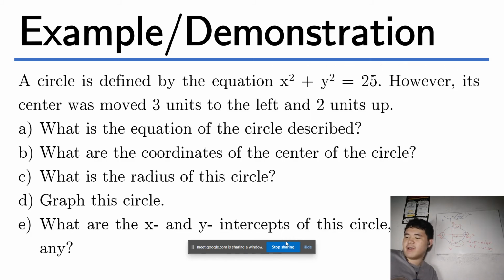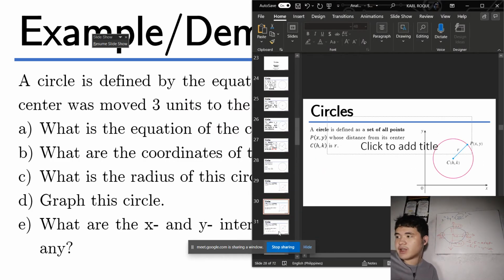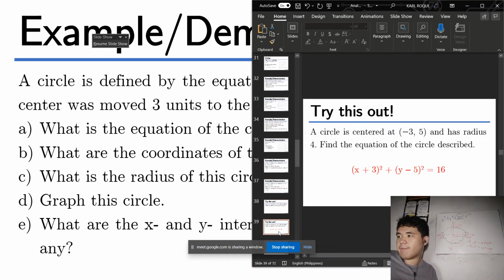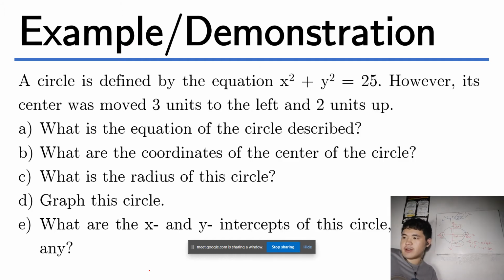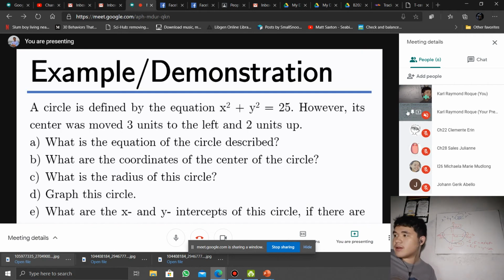A better version. Okay, sige. This one naman. Wait a while, I'll just check something. Excuse me. Let's try this out. I don't know if this has been discussed with you. Probably not yet.